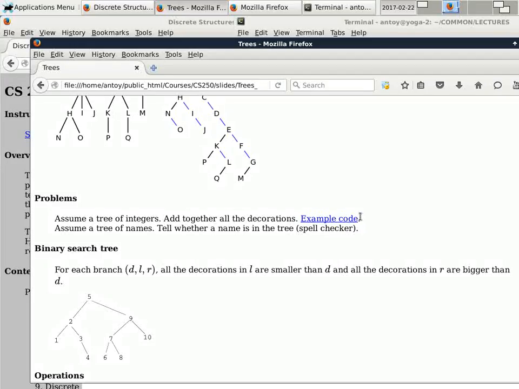So suppose that I have a bunch of values, and I write them in some order. 5, 9, 2, 7, 4, 1, 3.